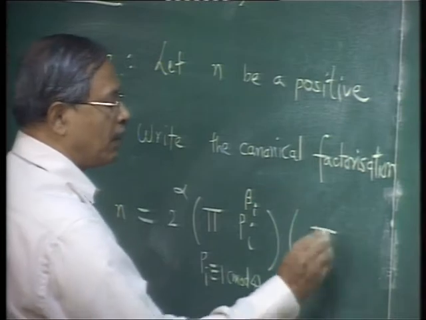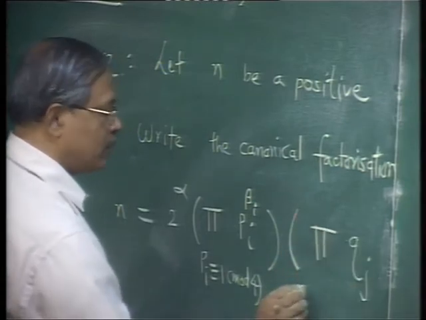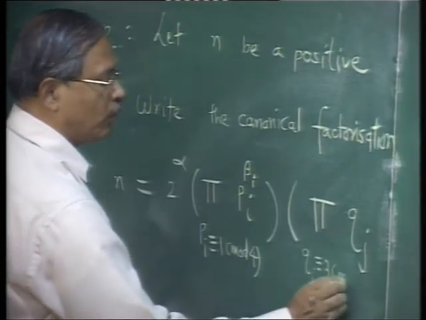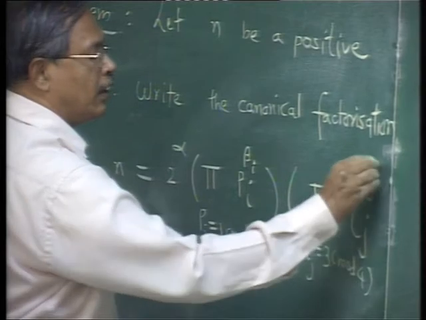Let us write them as q j, q j congruent to 3 mod 4, raised to gamma j.